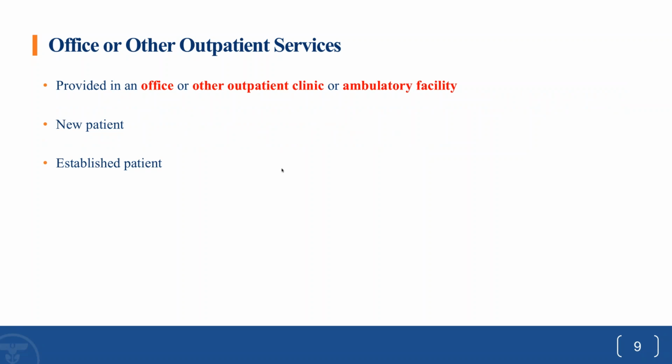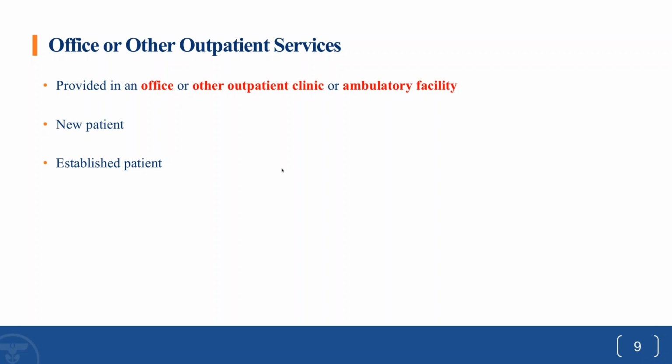Office or other outpatient services, that's what we're talking about on page 11. For an office visit, use 99201 through 99205 for new patients, and 99211 through 99215 for established patients.